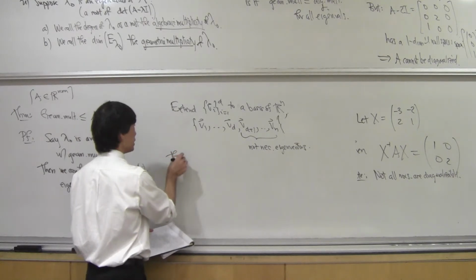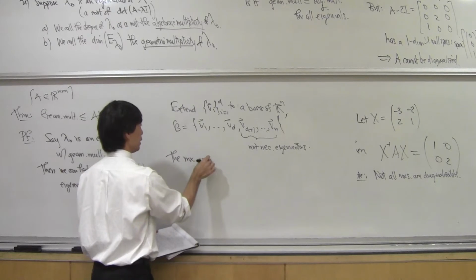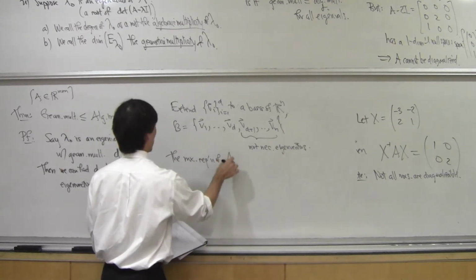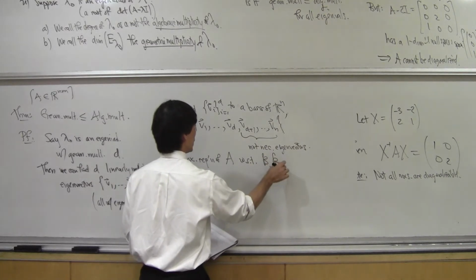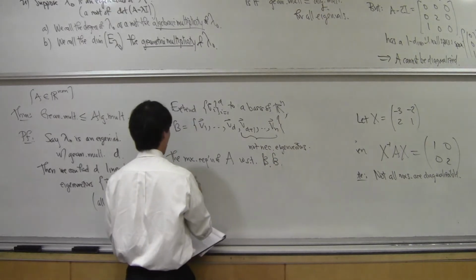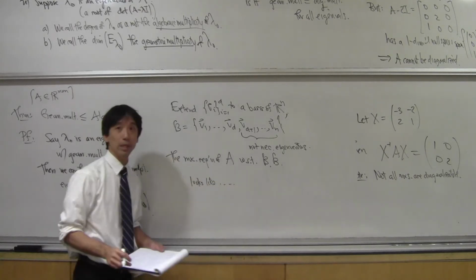Let's call this basis B. The matrix representation of A with respect to B and B looks like what?